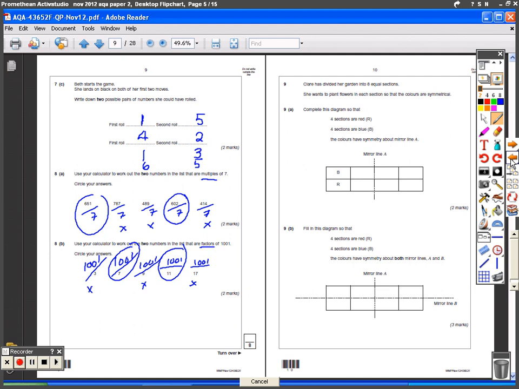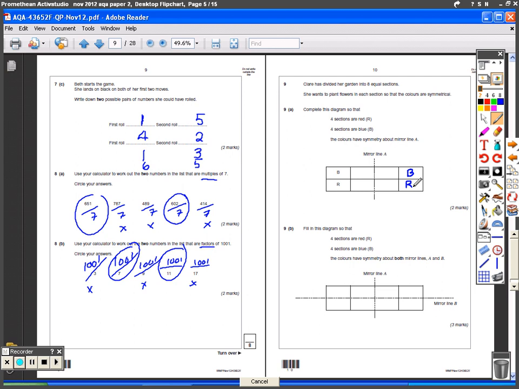So if we've got a blue here, then if this is the mirror line and I reflect this blue in the mirror line, of course it has to be equal distance away. So therefore, this square would also be a blue. Same method, if this is a red, the same distance the other side of the mirror line, would mean that also that square must be red as well.